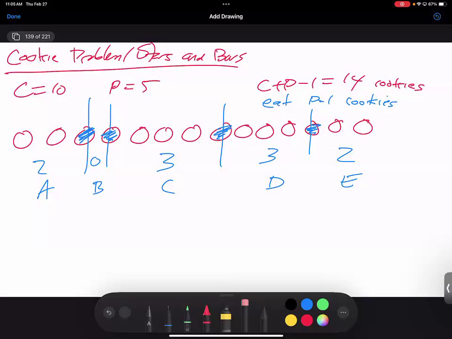How many ways can Cookie Monster eat 4 cookies from 14? 14 choose 4. And I've done this problem so many times, I know that 14 choose 4 is 1001. So rather than doing that long, tedious, painful calculation, I can get it in one line.